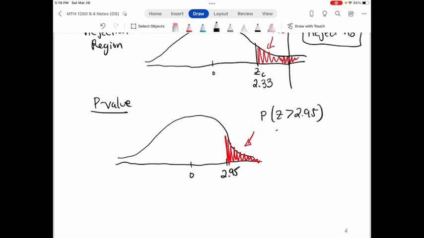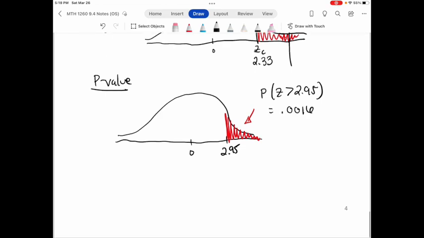So we want to find the probability that z is greater than 2.95. I'm going to put that into my calculator, and I'm going to find that the p-value is 0.0016. Now, our level of significance, our alpha, is 0.01.